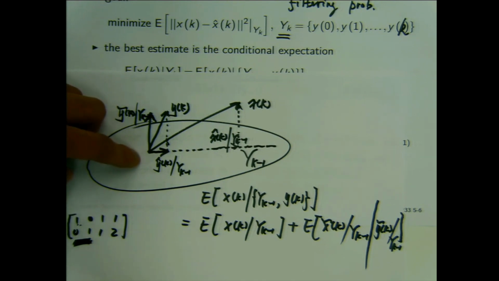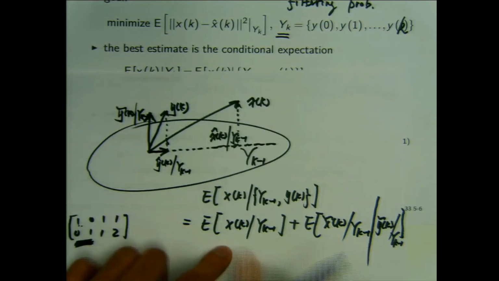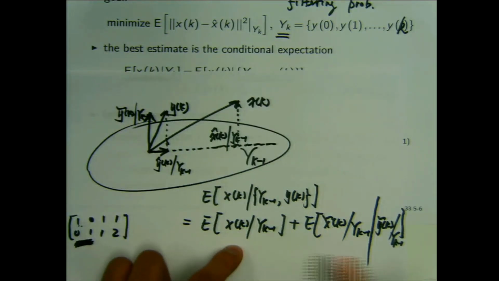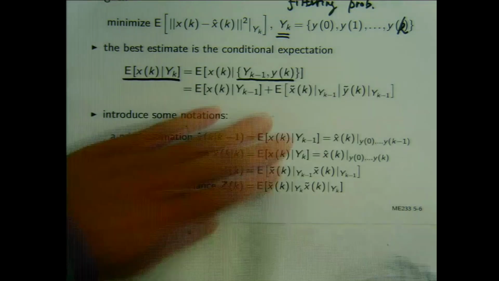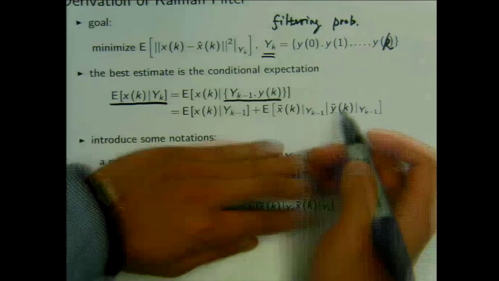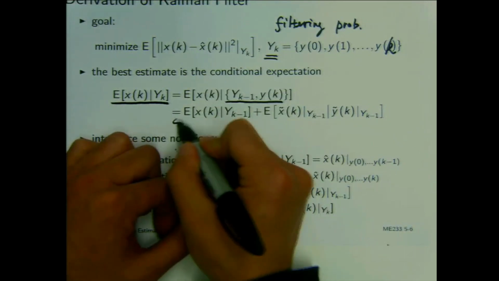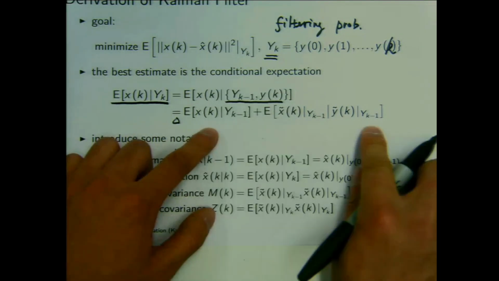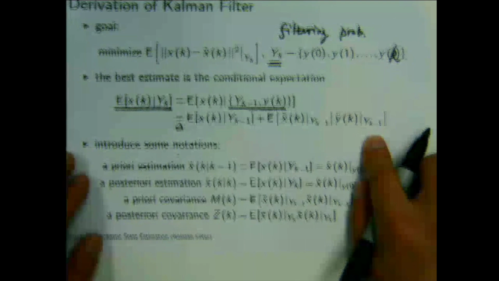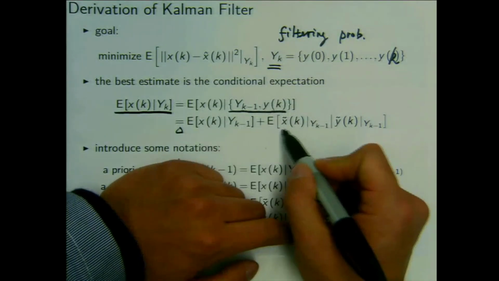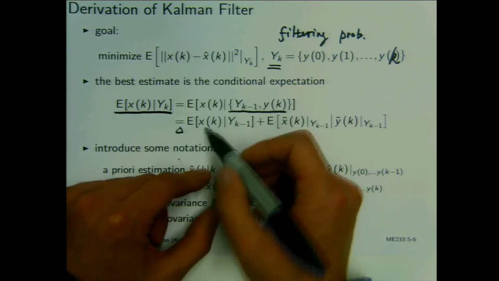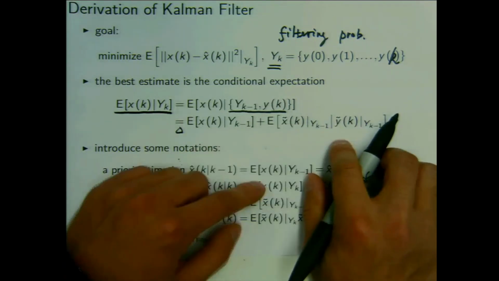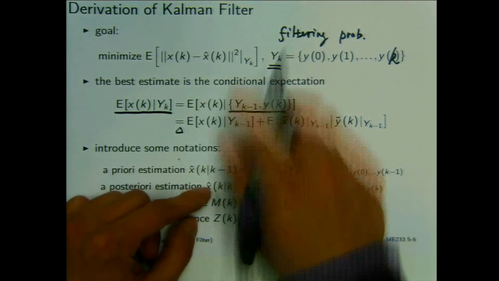So everyone sees this equation here? Understand it? Great. This is how this equality comes from over here. As you can see, we already have very heavy notations here, so it's very useful to introduce some new notations to simplify the writing. The notations we're going to use are as follows.